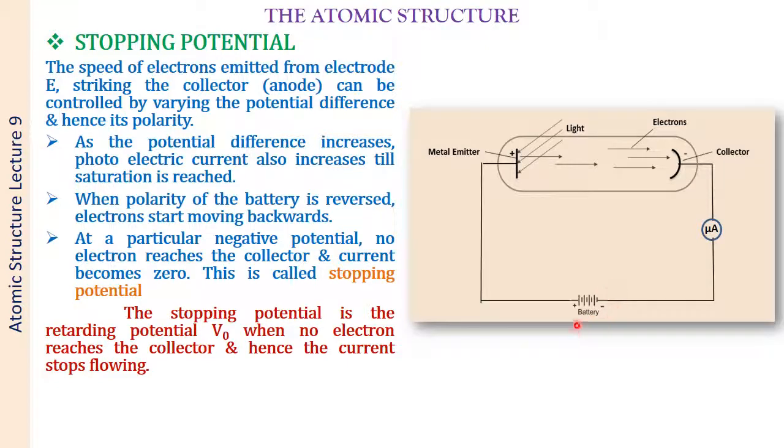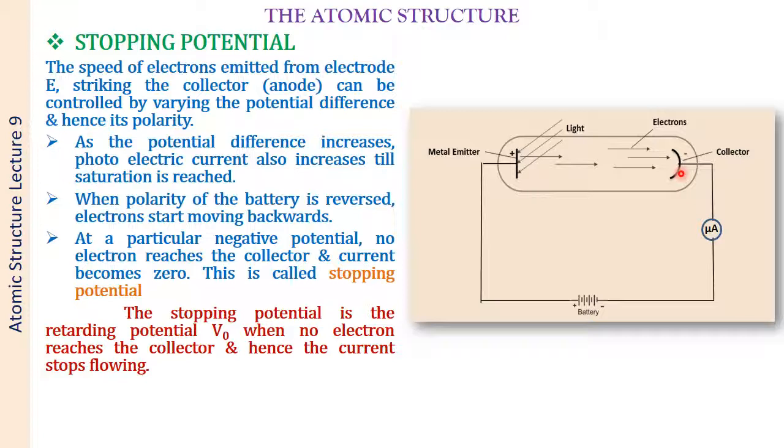Well, it was such that the emitter is at a negative potential with respect to the collector, and the electrons could move from the emitter towards the collector because the electrons were negatively charged and the collector positive, right? As the positive potential difference increased, the photoelectric current increased until the saturation point.